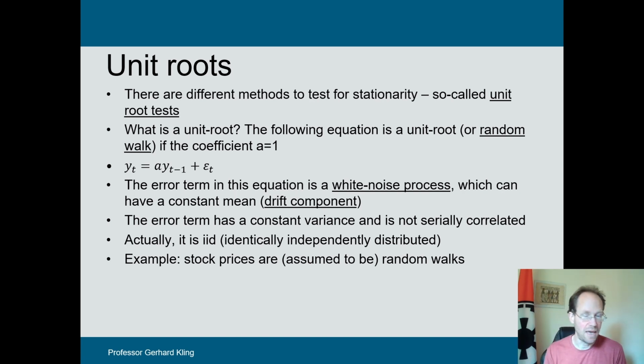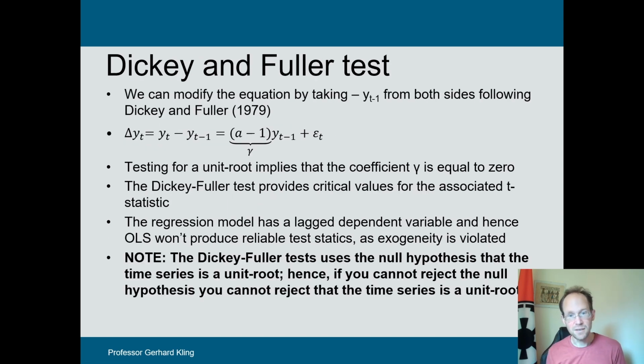To test whether A is equal to 1, we have to modify the equation by taking minus yt minus 1 on both sides. This gives a first differenced equation. This is needed to avoid spurious regression results if the time series is indeed non-stationary.